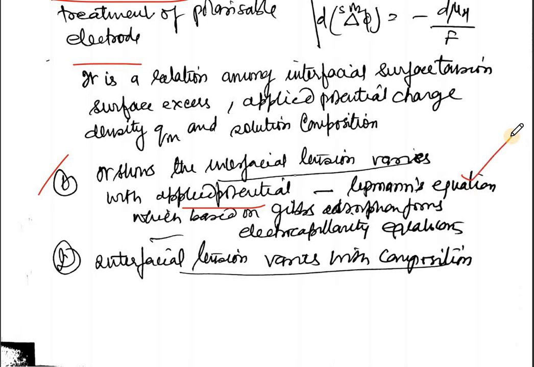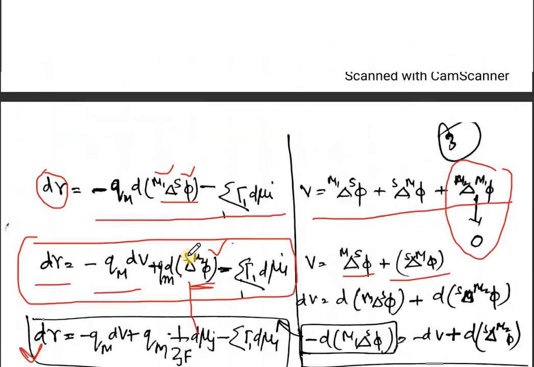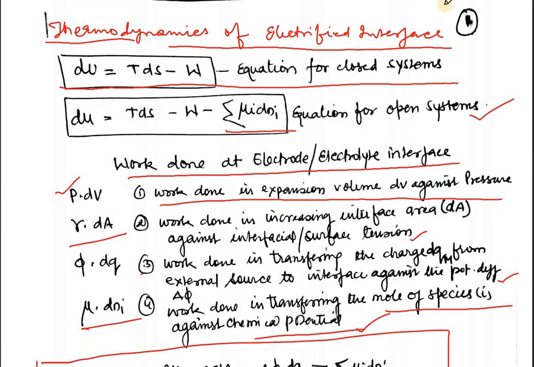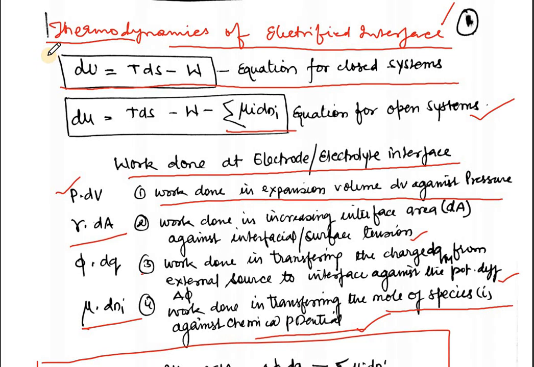In our next class, we will talk about Lippmann's equation. The second one tells about interfacial tension variation with composition. So this was all about the thermodynamics of electrified interface. Thank you.